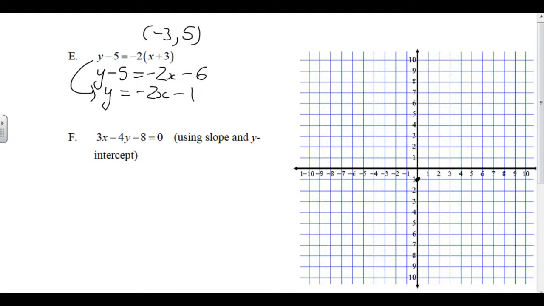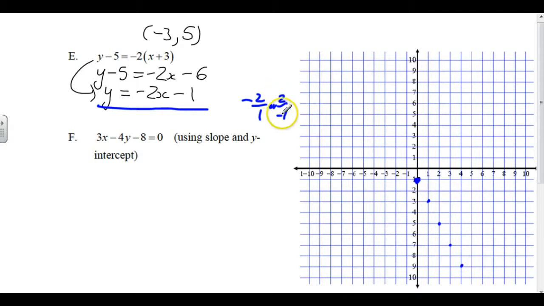And this, oh wait, let's use blue. So you do have those two choices. And the slope of negative 2, remember, is negative 2 over 1 or 2 over negative 1. So this says go down 2, right 1, down 2, right 1.